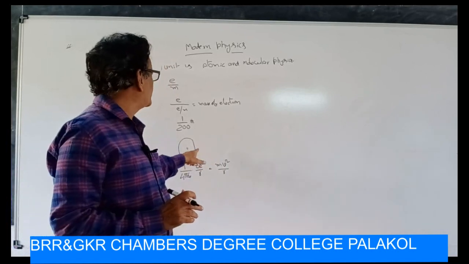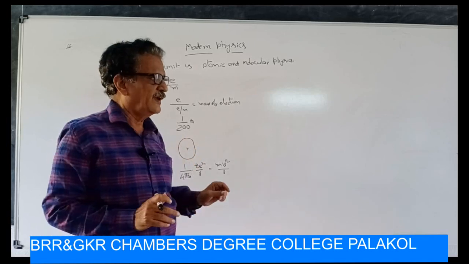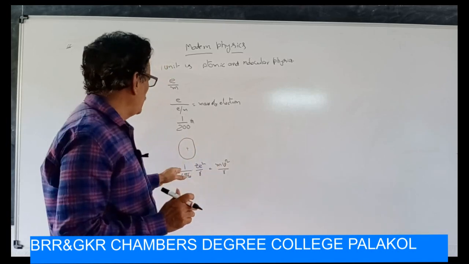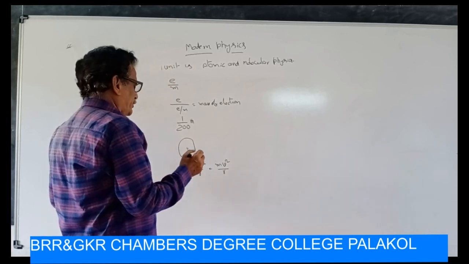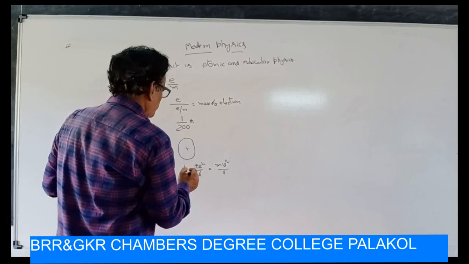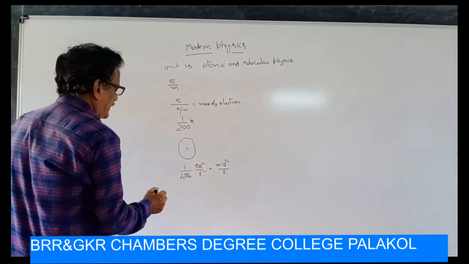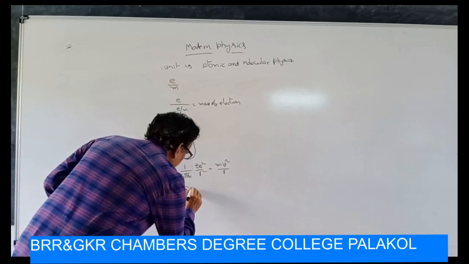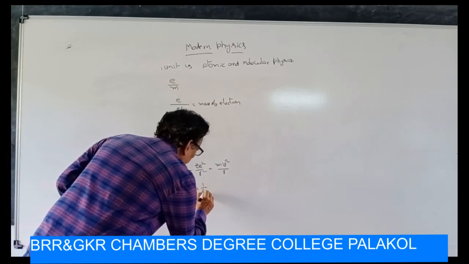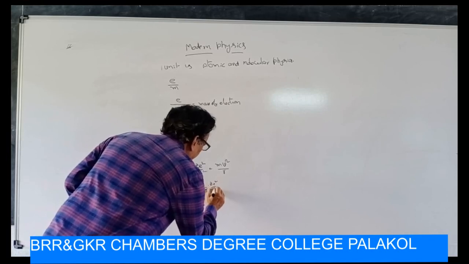Similarly, since the electron is in the electric field of the nucleus, it possesses some potential energy. The potential energy is given by 1 by 4 pi epsilon naught into Ze square by r.